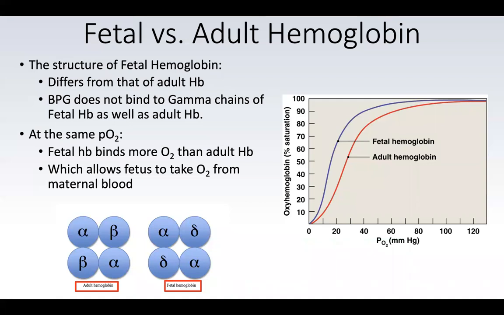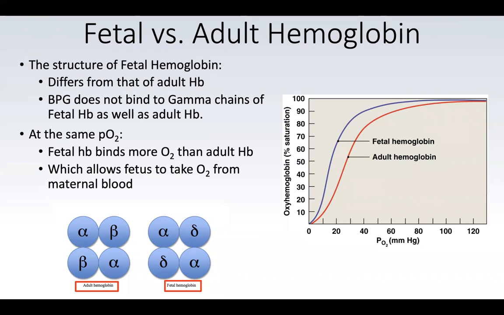It takes a lot of energy to grow organs, to grow limbs, to develop the nervous system, and so on and so forth. Generally, it takes a lot of work, a lot of energy to grow. And so because of that, developing fetuses need access to a lot more oxygen. They cannot afford to be without oxygen.